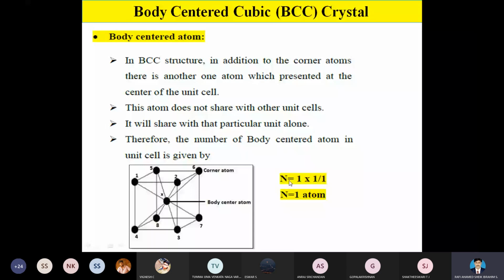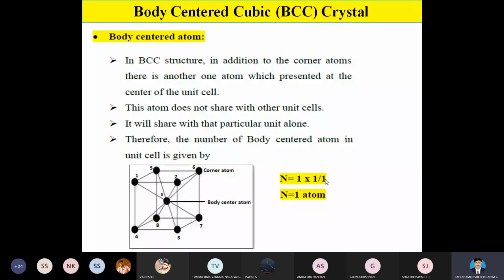We know that we have one body atom. That body atom contributes to its particular unit cell alone. So the fraction is 1 by 1. We should not write 1 by 8. We are just studying the contribution.